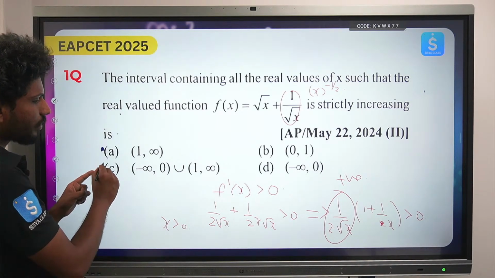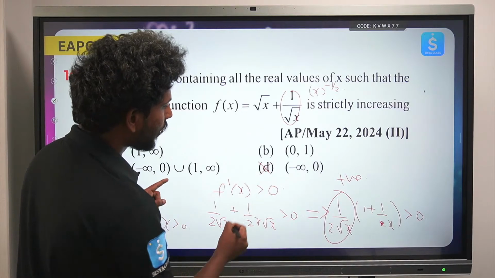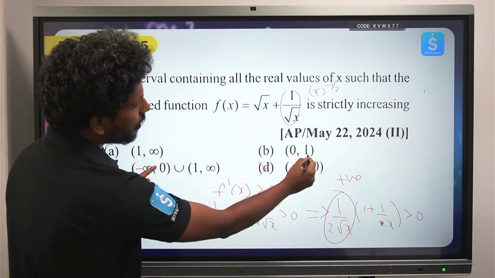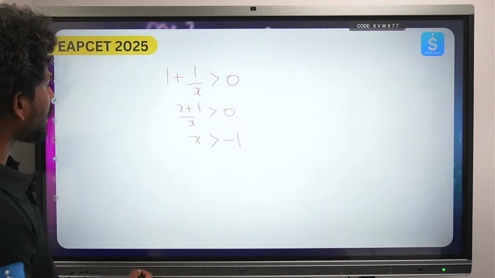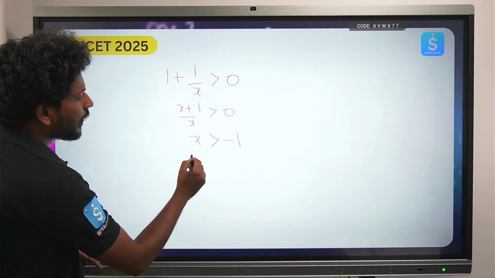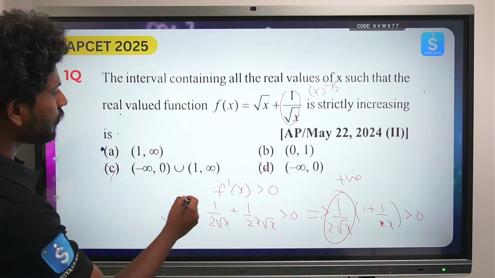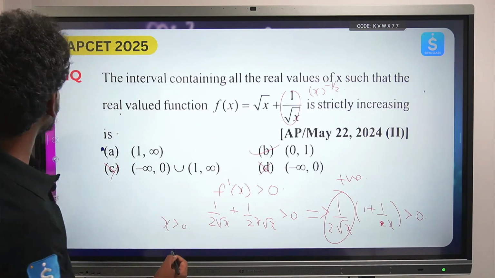So you can never have this sort of a value, minus infinity comma 0. So the only value left out is 1 to infinity or 0 to 1. But if you are taking this, it should be greater than minus 1. So the values are from 0 to 1.